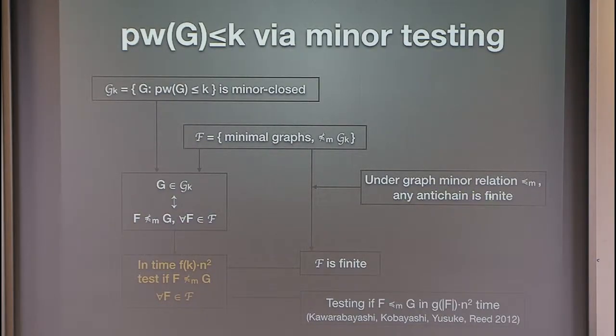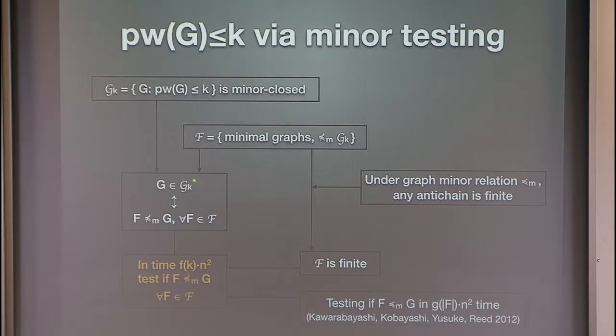And this is, on the graph minor relation, any anti-chain is finite. This is from Robertson and Seymour's great graph minor theorem. And again, it's an easy exercise that F is an anti-chain, so from here you know that F is finite. Also, testing whether a given graph is a minor of another graph can be done in FPT time, now quadratic time due to a recent result.